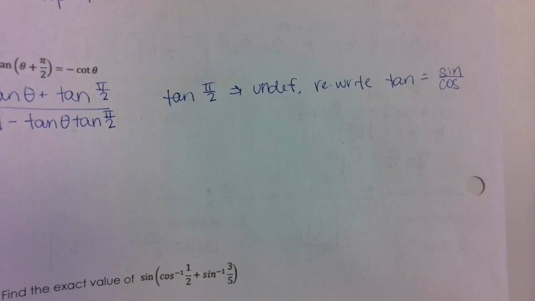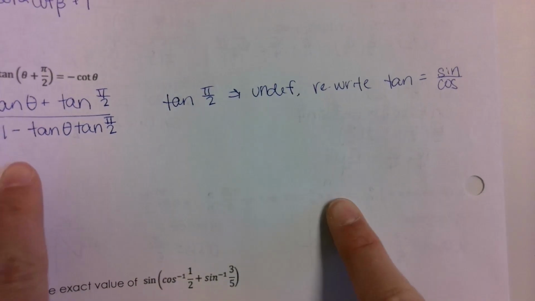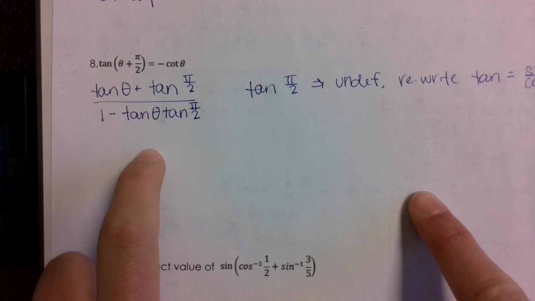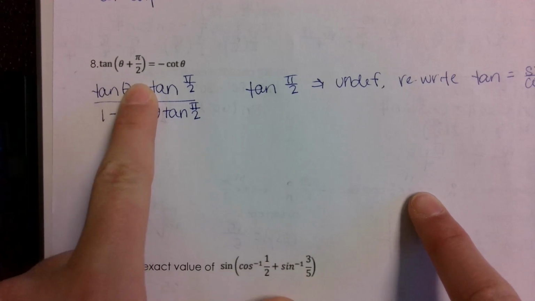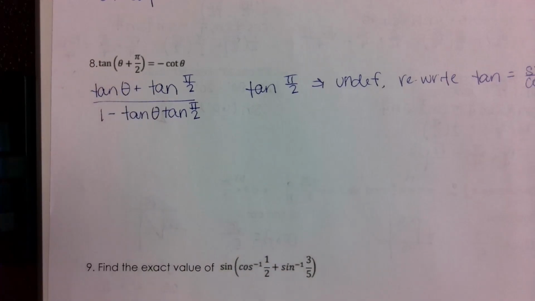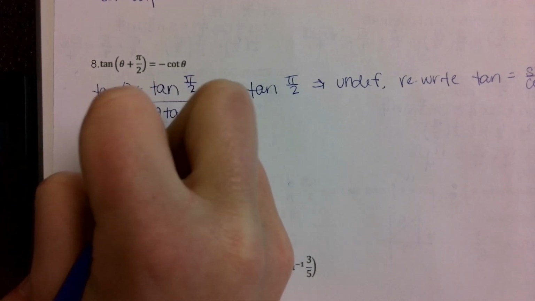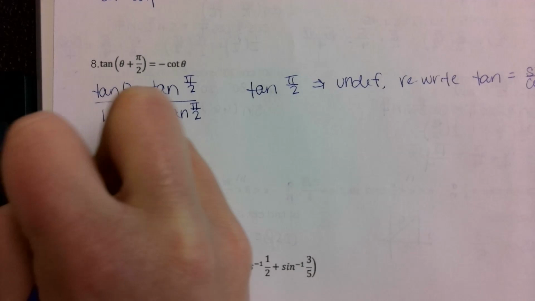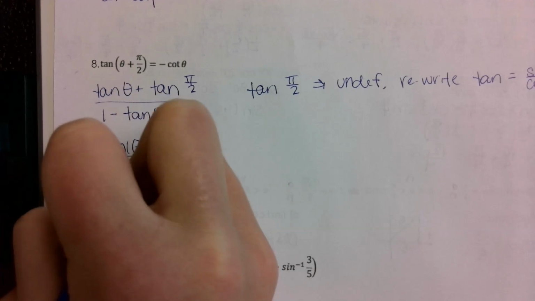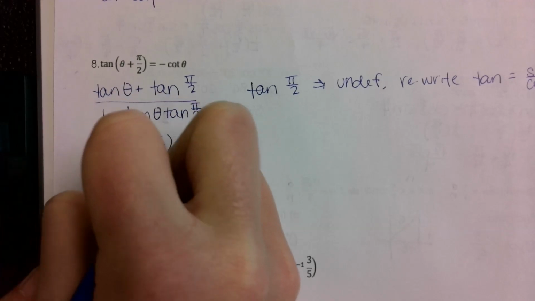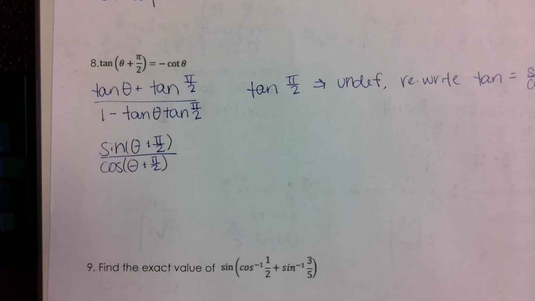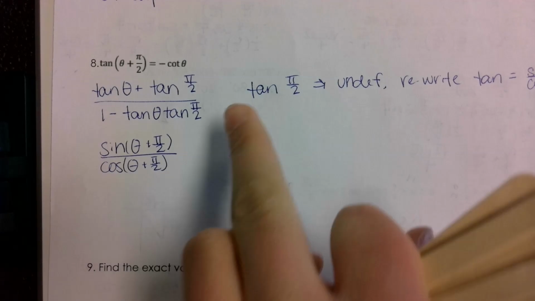So, this is not going to work for us so much. So let's rewrite this in sine and cosine, and then go from there. So we'll say sine of theta plus pi over 2 over cosine of theta plus pi over 2. Because nothing that we do with this one is going to come out right, since tangent pi over 2 is undefined there.